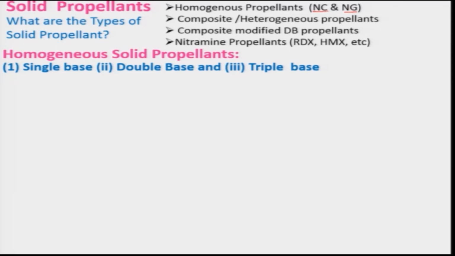In the case of double base propellant, the most popular one is nitrocellulose and nitroglycerin used together to produce a propellant. The triple base is also used nowadays, but rarely. Apart from nitrocellulose or nitroglycerin, nitroguanidine is used, around 40% or a little less, added to the nitrocellulose and nitroglycerin, which is used as a triple base propellant.